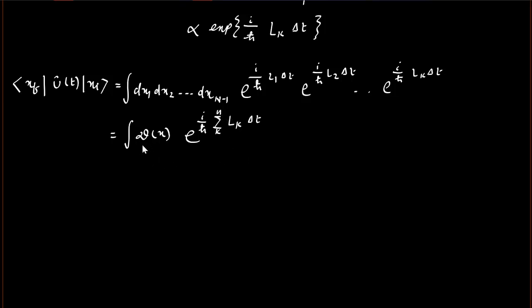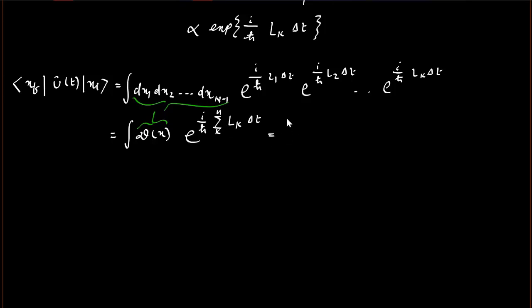Okay, and here this capital Dx means this total term. This is just a shorthand notation. And here notice that as delta t is very small, I can express these summations in integral format.